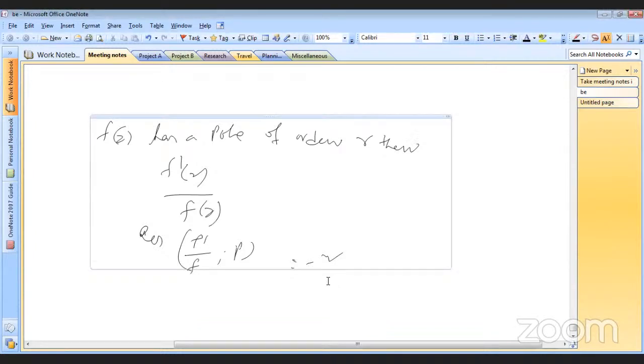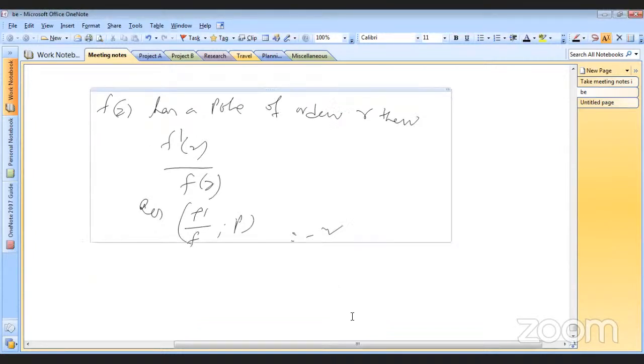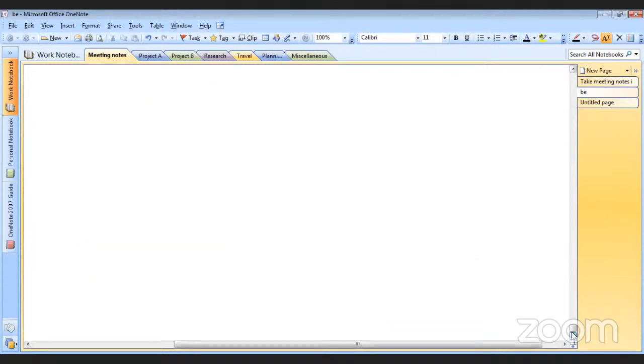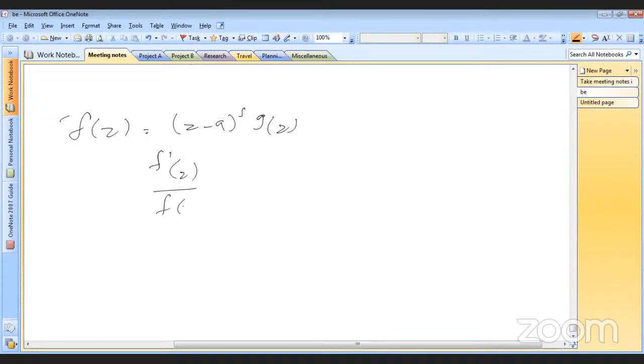Now suppose a is a zero of order s. We can write f of z equals (z minus a) to the power s times g of z. Then f dash z by f of z equals s by (z minus a) plus g dash z by g of z.